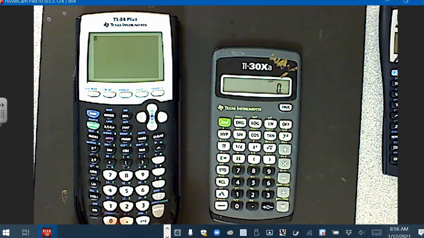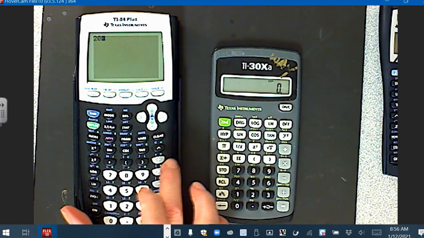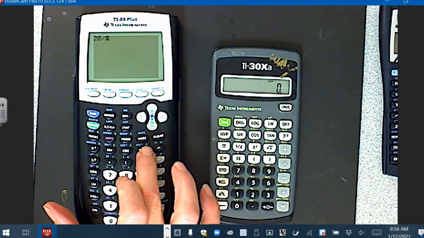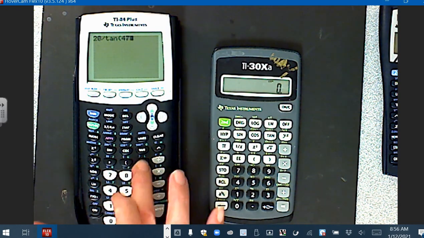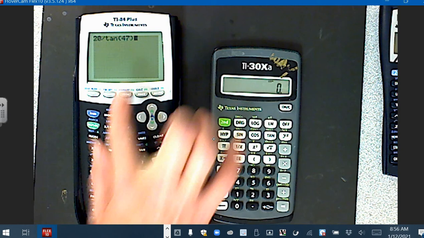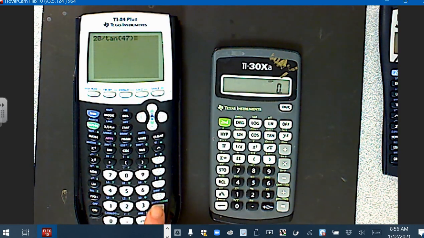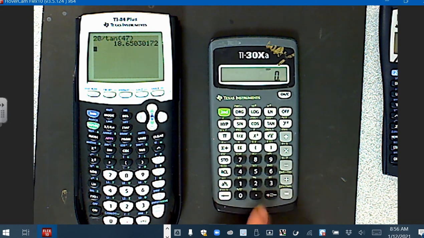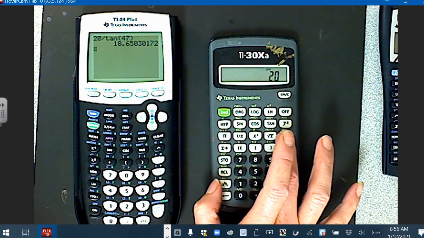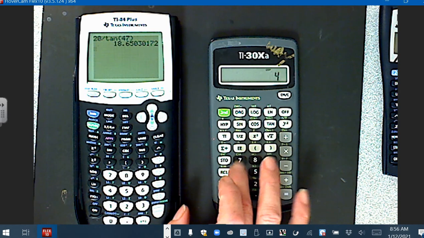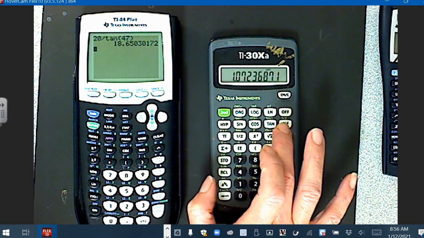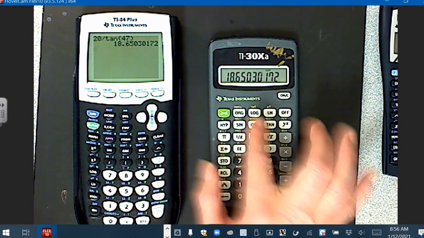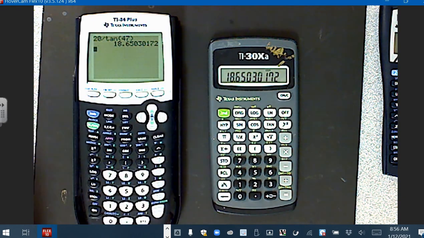On this calculator, you go like this. 20 divided by, there's a little division sign, tan 47, make sure you close that parentheses up so it looks exactly like this. Enter. This one is a little bit backwards. Watch carefully. 20 divided by 47 tan, enter. You're going to get the exact same thing. 18.65.